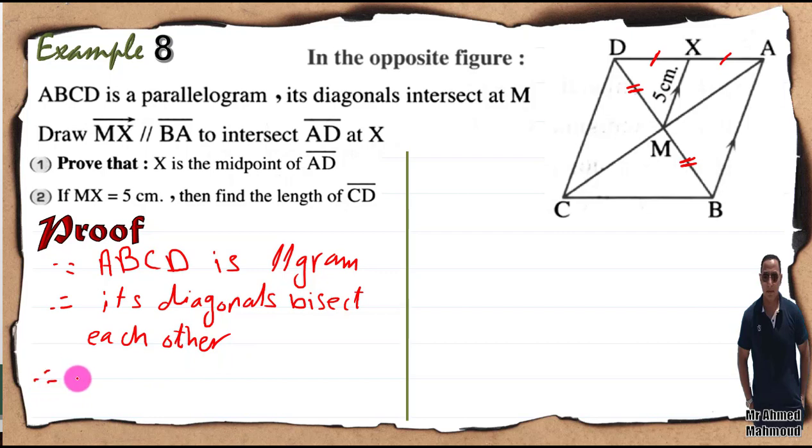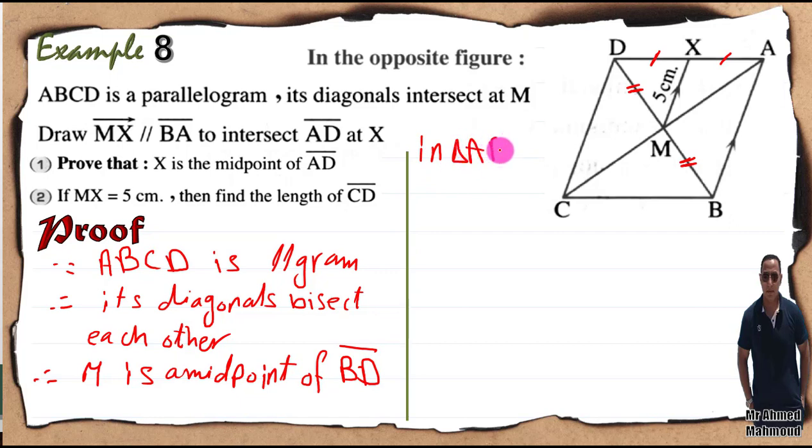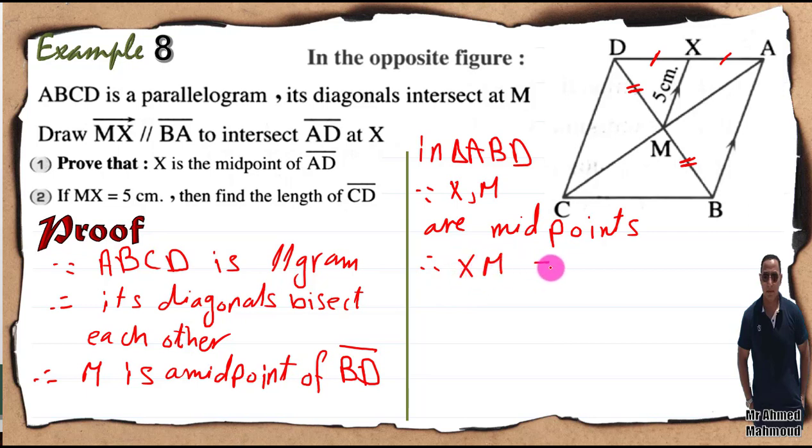Therefore M is a midpoint of BD, and in triangle ABD, since X and M are midpoints, therefore XM equal half AB. Therefore AB equal double MX equal 10 centimeters.